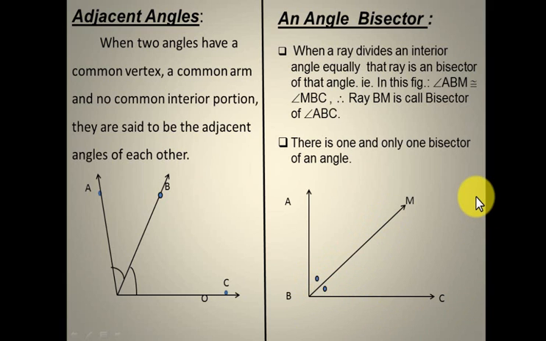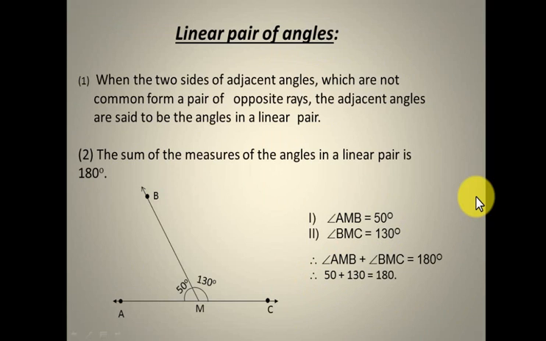Okay, let's move further. Linear pair of angles. Now it looks the same as adjacent angles. A linear pair is given by adjacent angles which have a pair of opposite rays as their non-common arms. See, now these two angles are there, AMB and BMC. Here the vertex is common as well as arm MB is common, correct? Their measures are given, AMB is 50, BMC is 130.